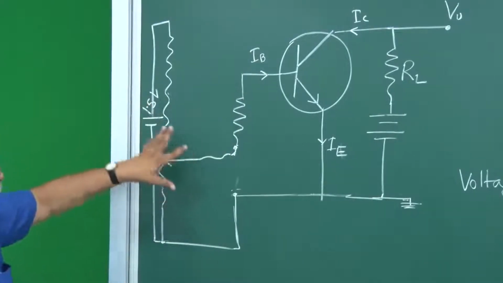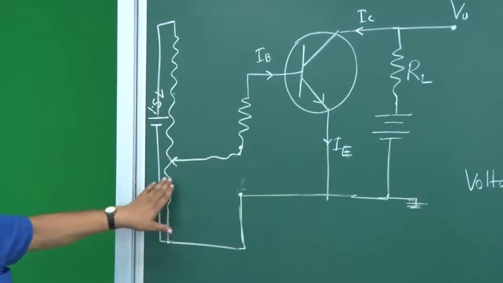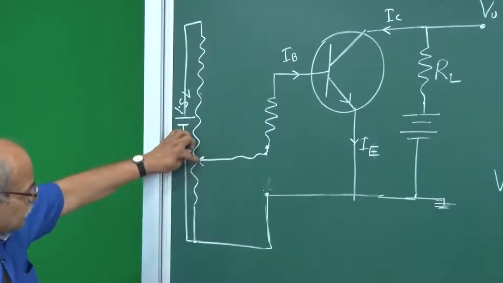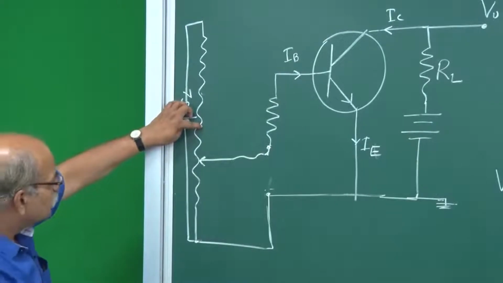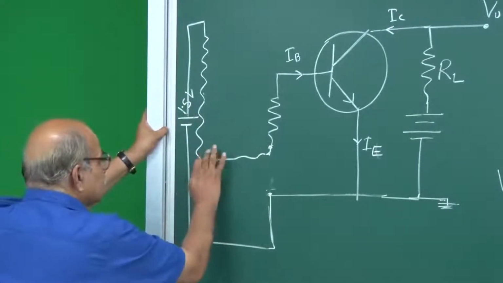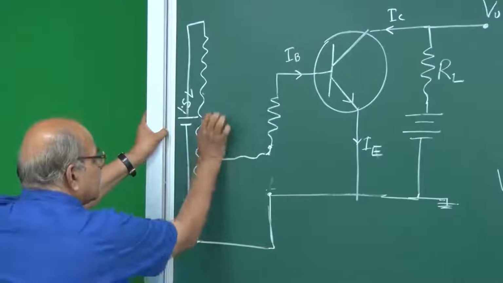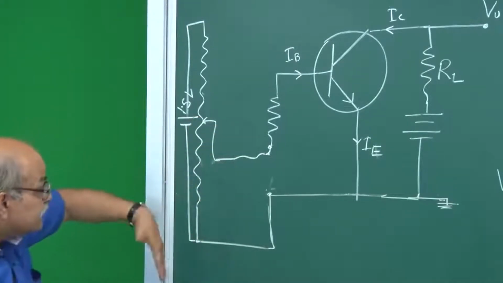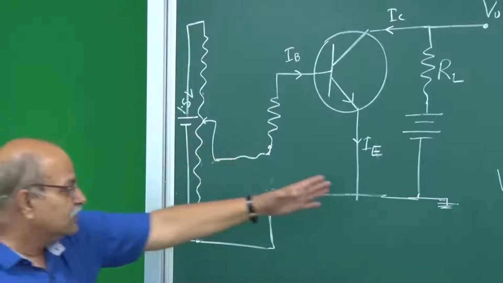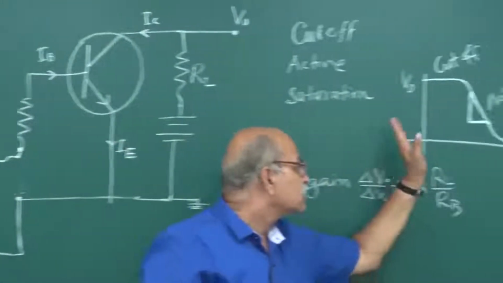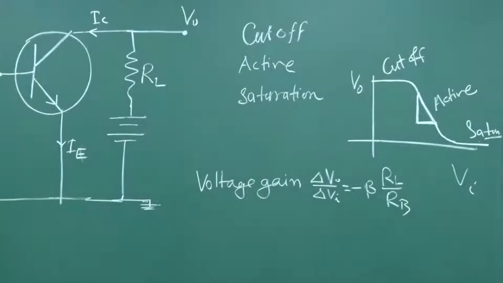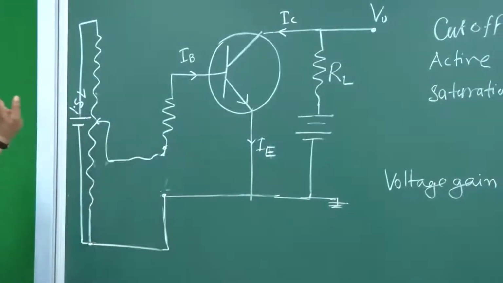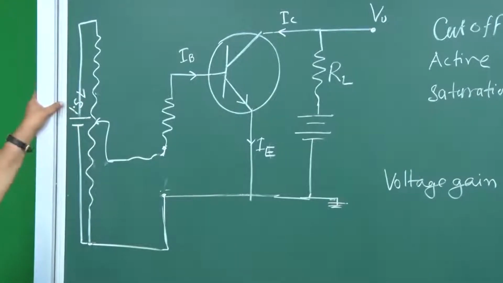This is how we will make a variable biasing voltage. If I put this variable point here, then the voltage will increase. Suppose I put this terminal here, in that case I have increased the biasing voltage. So in this curve I have gone towards the right, because now this much potential difference is getting applied here. So this is one part.